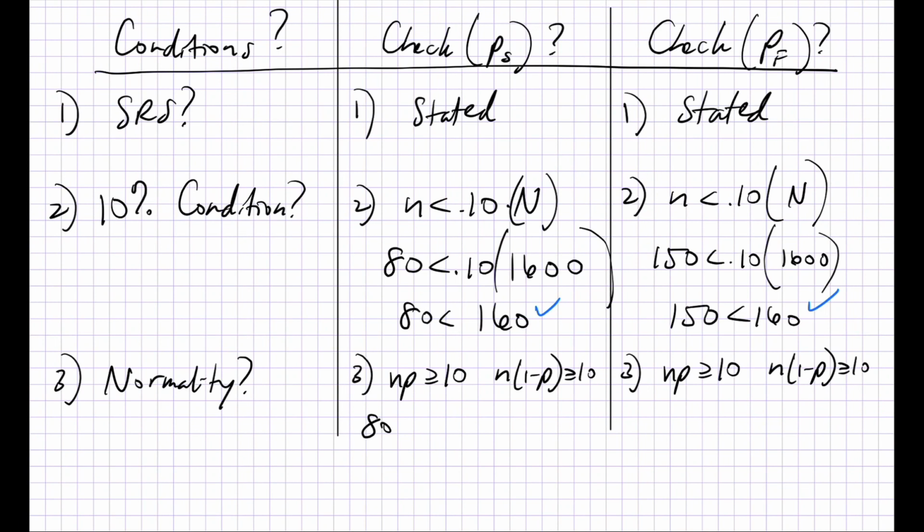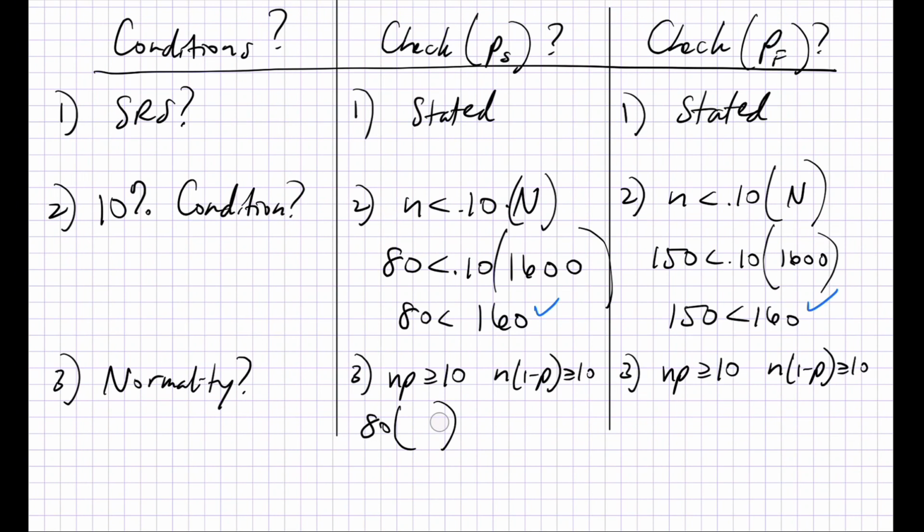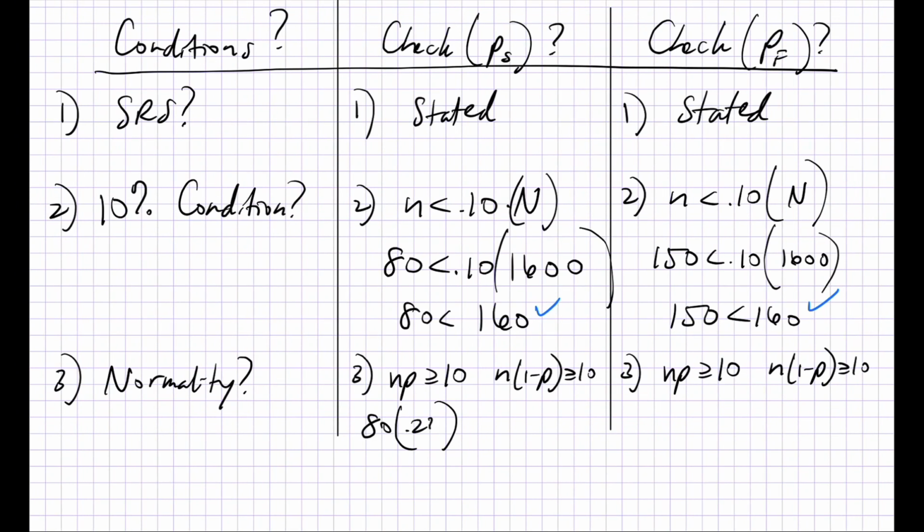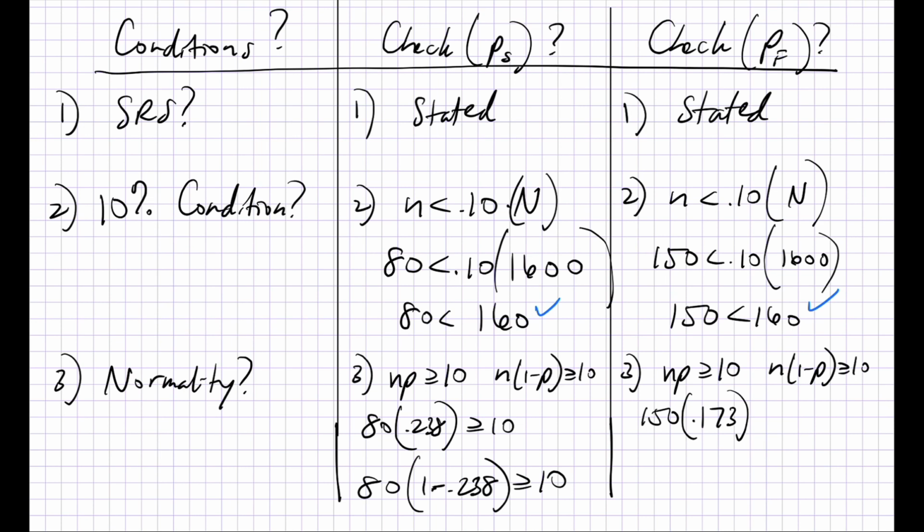We don't have p, so we're just going to use the p hat. So p hat for sophomores, 0.238. And then 1 minus 0.238. Then over here is 150 times 0.173, and then 150 times 1 minus 0.173.